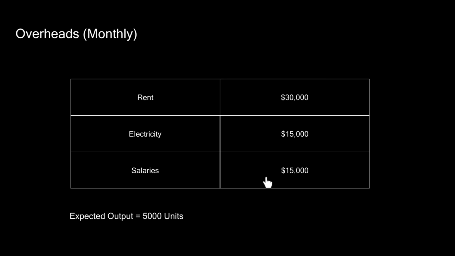Now these costs, as you can see, are your indirect cost or overheads. Why are they indirect costs? Because these costs are lump sum and they cannot be related or linked somehow to output per unit. I need to find what is the rent per chair, what is the electricity cost per chair, and what are the salaries per chair.